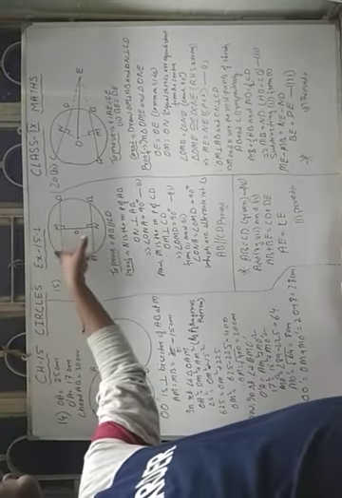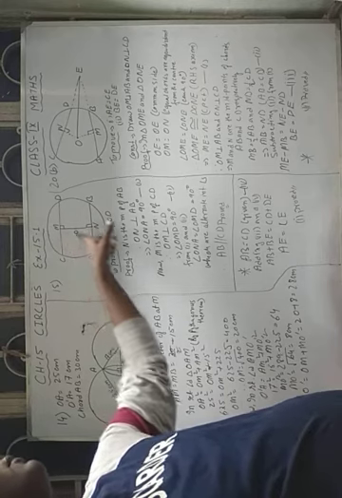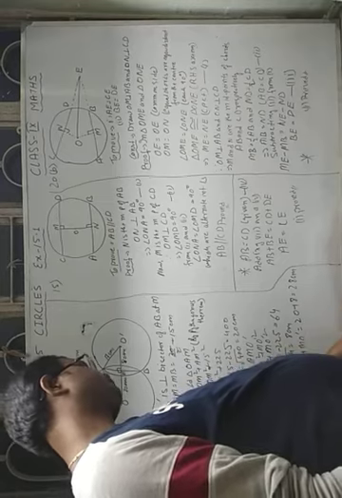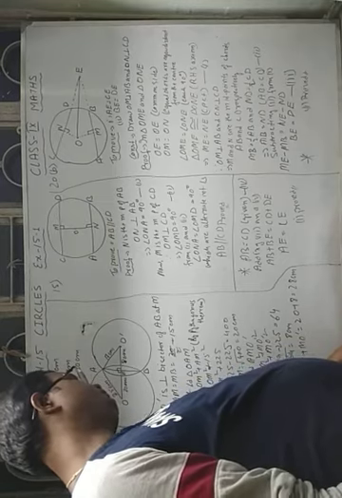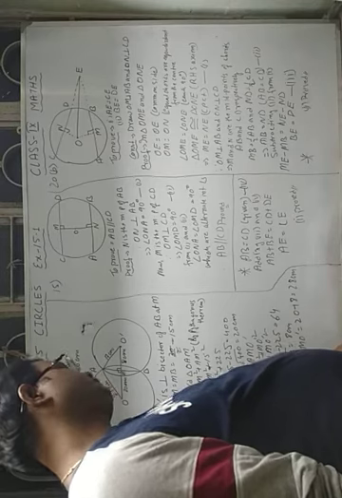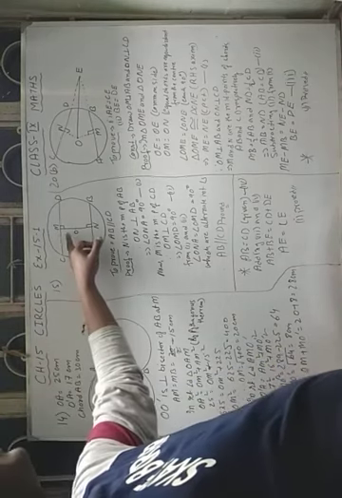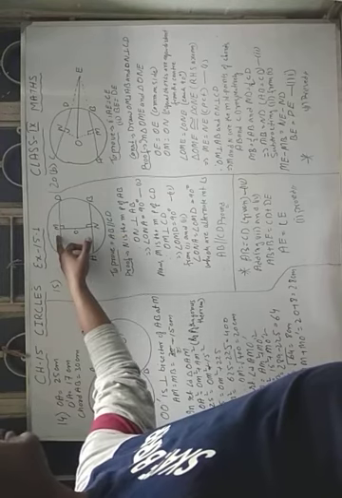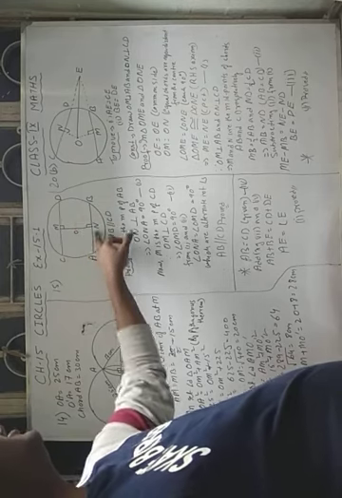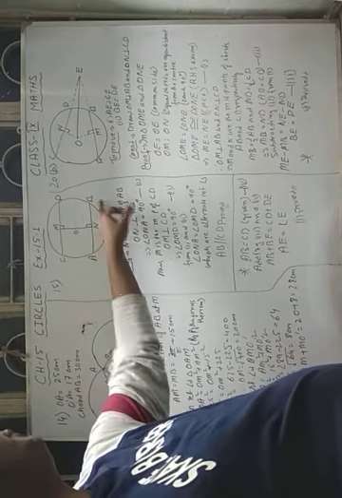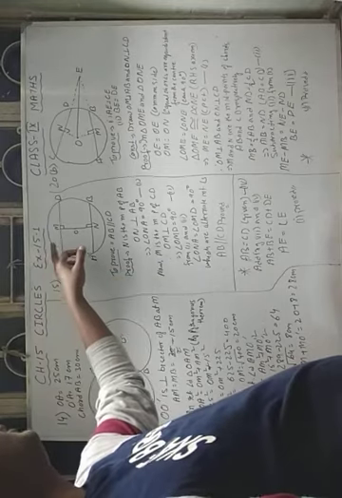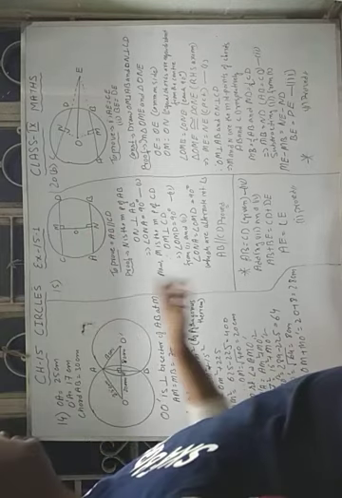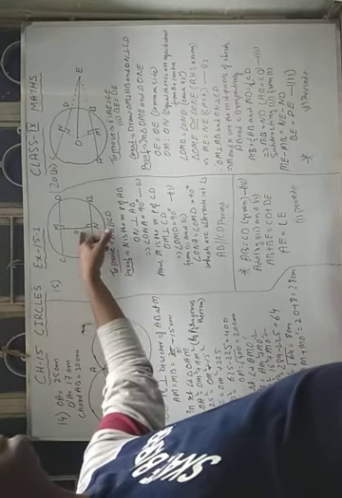So here in a circle, two chords are given. Both of these chords are of equal length, and you have to prove that the line joining the midpoints of these two chords, where M is the midpoint of CD and N is the midpoint of AB, passes through the center of the circle.